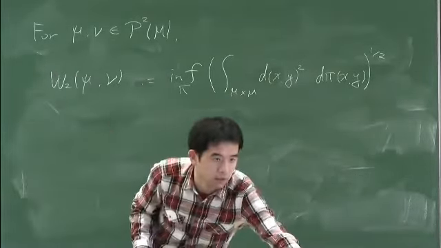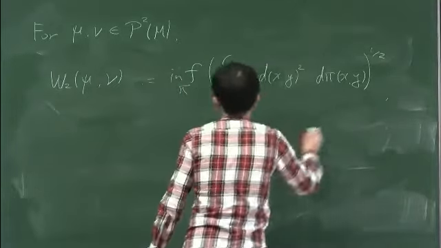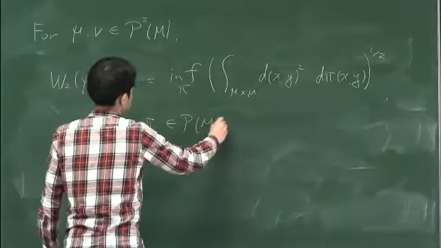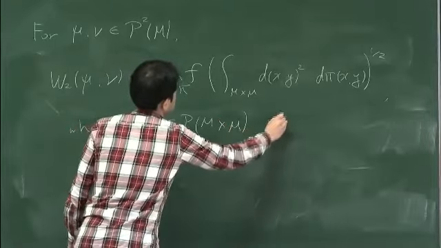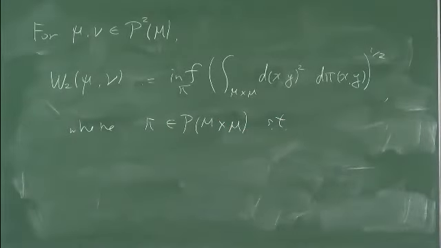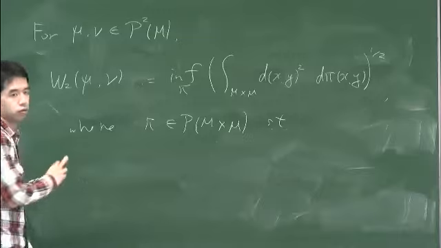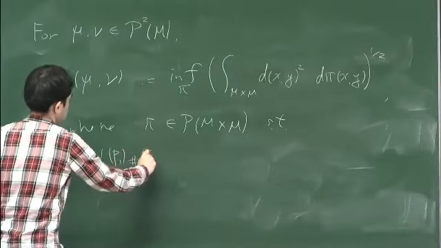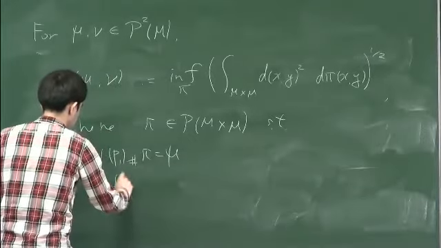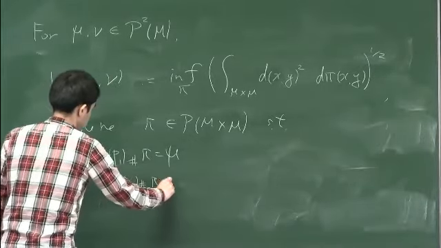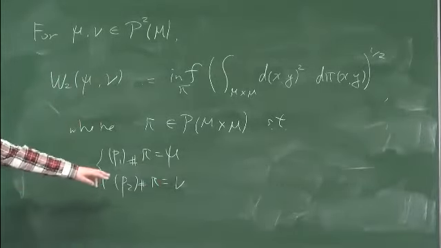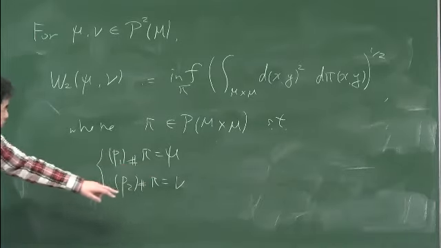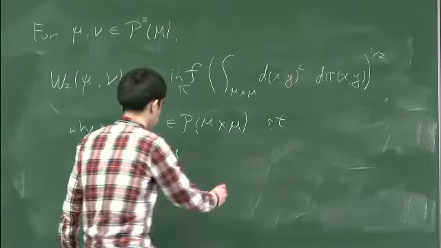Here pi is a coupling of mu and nu, so pi is a probability measure on the product space such that its projections to each marginal are mu and nu. So if one pushes forward pi to the first marginal, it's mu, and the second marginal is nu.